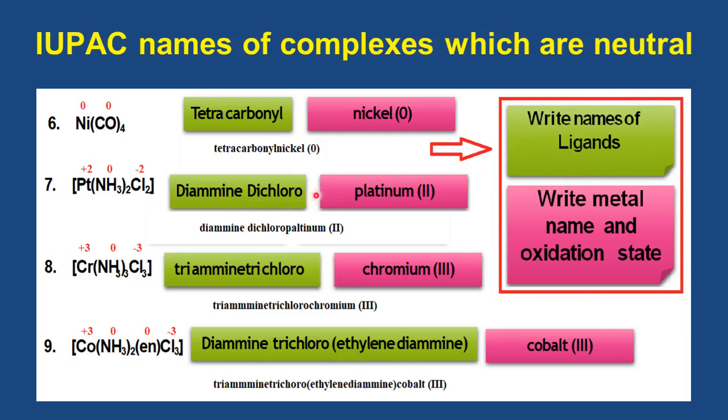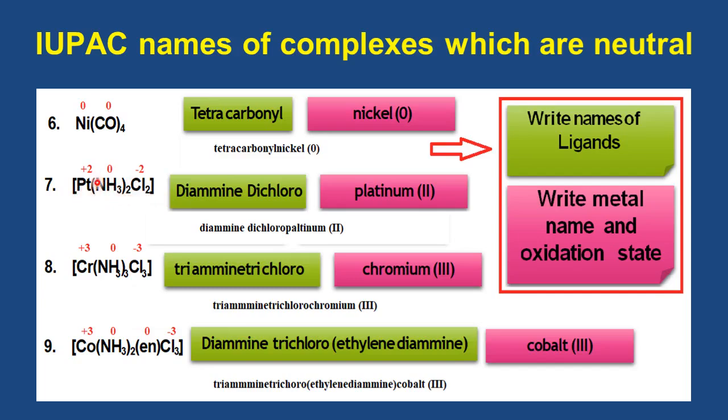As these two ligands are monodentate ligands, that is why we are using di as prefix, because you can see 2 chlorine atoms and 2 amine ligands. Now students, the name of this compound is diamine dichloroplatinum 2.